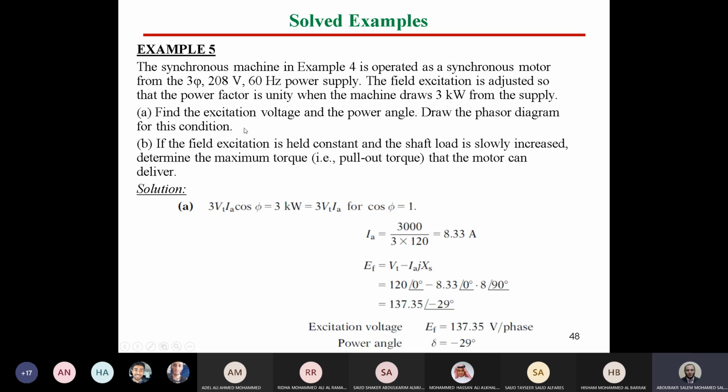Again, guys, we have power, and we have power factor. So we can find the value of current. Right or wrong?